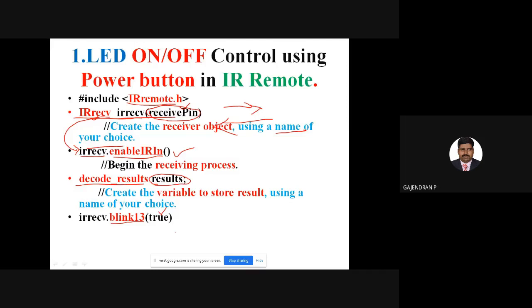You can't check the output with a multimeter. Since it is wireless communication, you need some indicating device to show whether I have received the signal or not. For that purpose, whenever my signal is received, this LED will blink once. Today we will observe the same thing while we do the simulation. So this is for testing purpose.